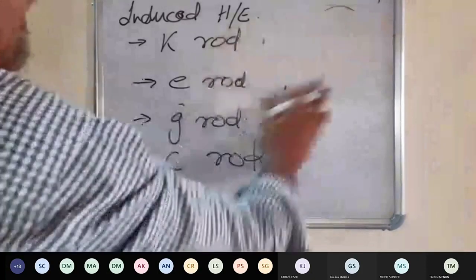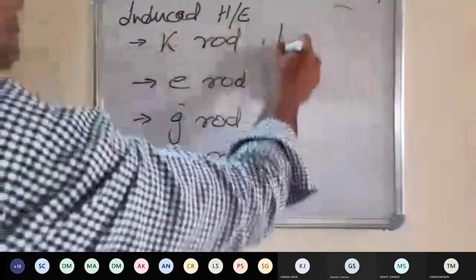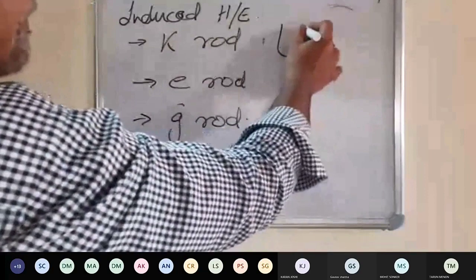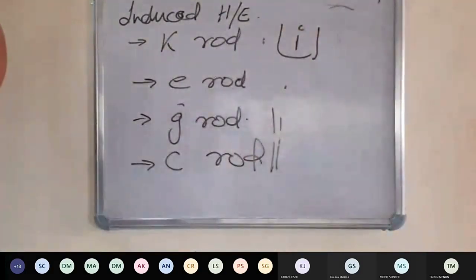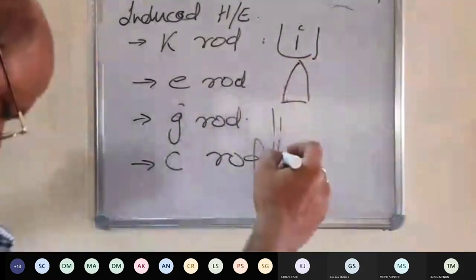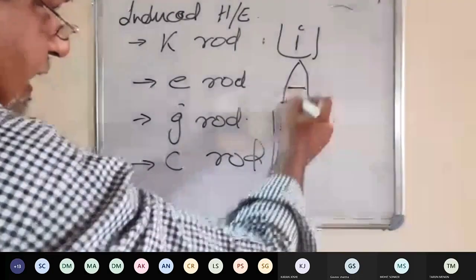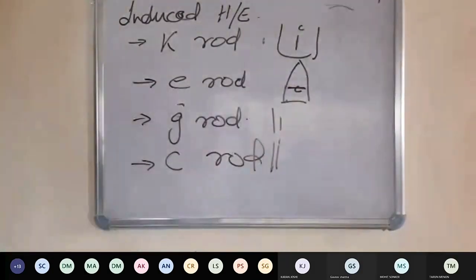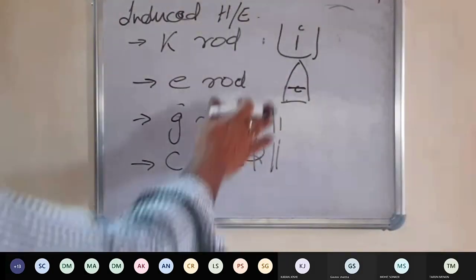So what is this K rod? It is the vertical rod below the compass. What is E rod? If we had the ship like this, a continuous running athwartship rod.